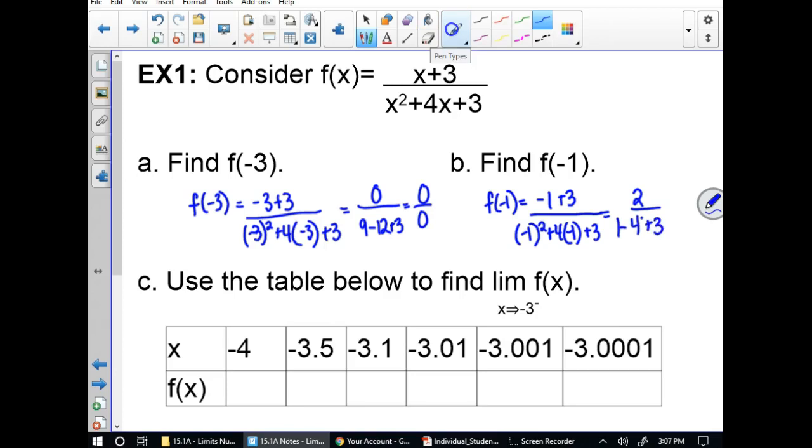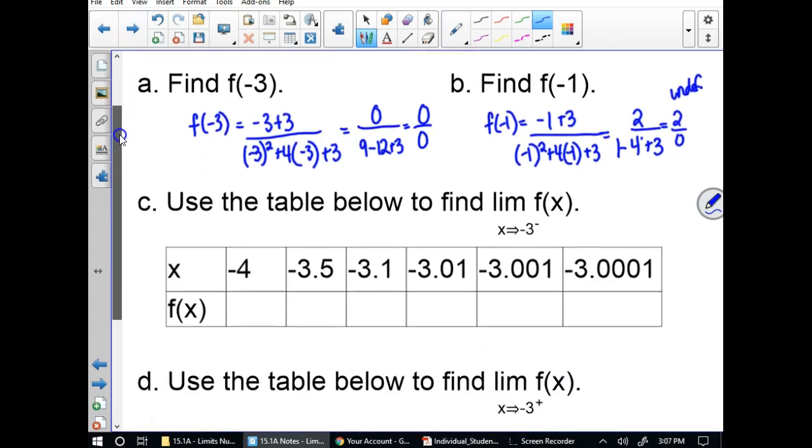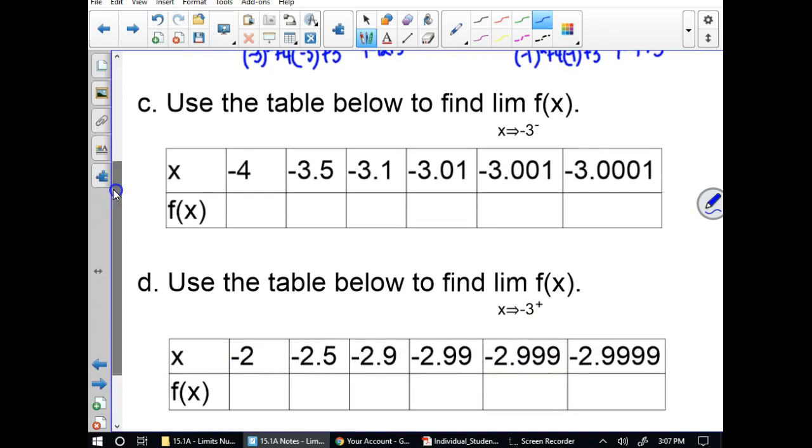Plus 3. And so that's going to give me 2 over 0, which is undefined. Okay, so I see that at both -3 and at -1, I've got discontinuities for this graph. So what I want us to do is to look at the limit as x approaches -3 from the left.